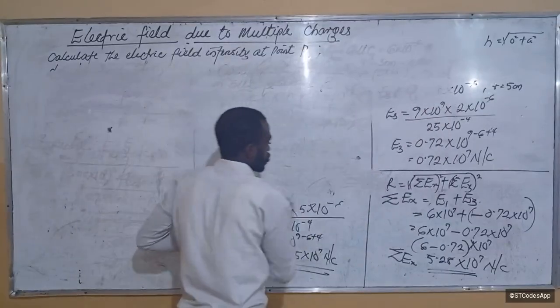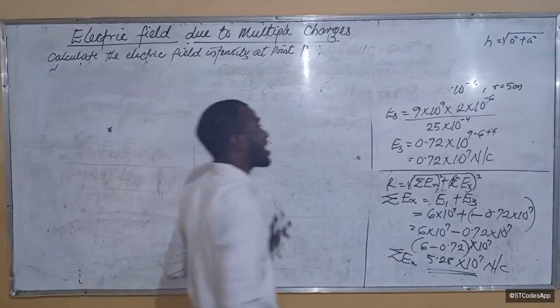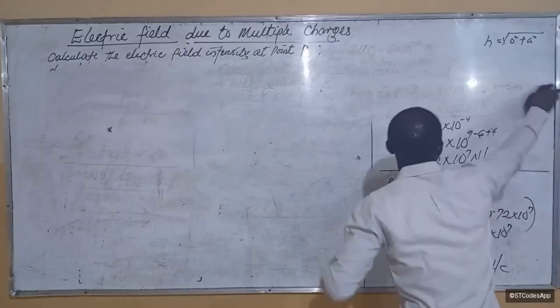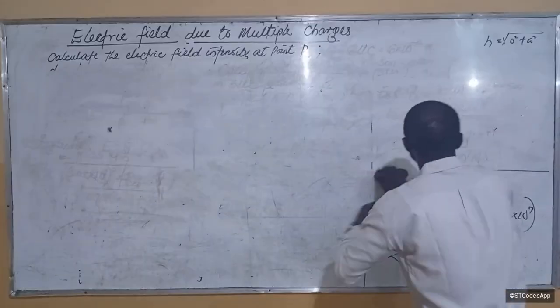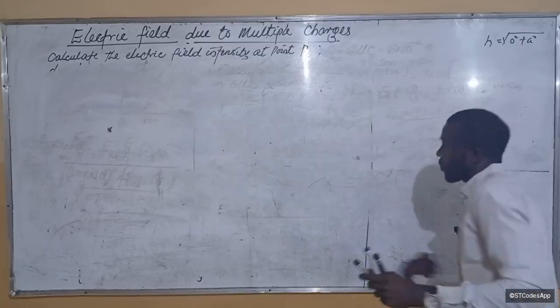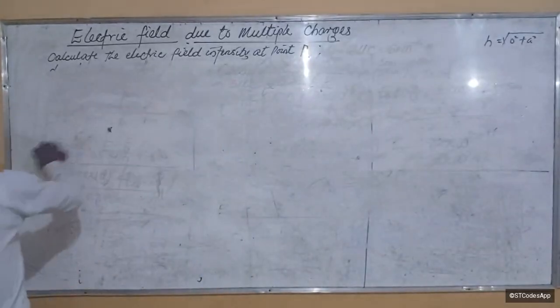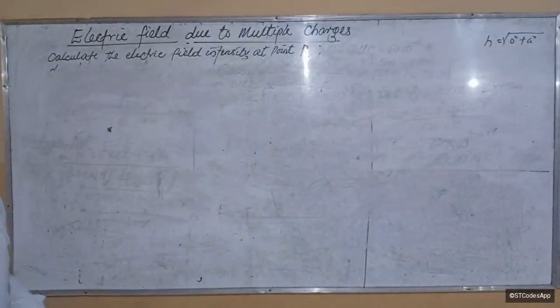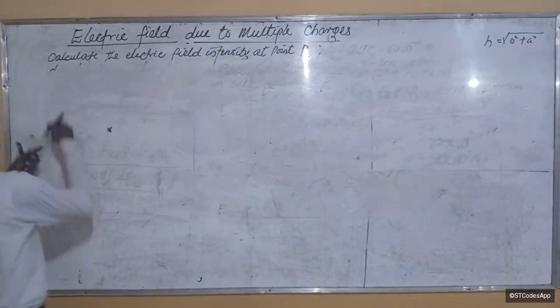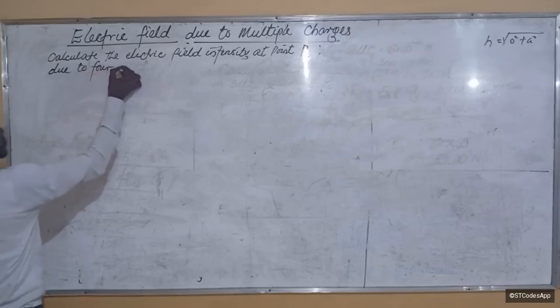So now write this new question that says calculate the electric field intensity at point P due to 4 charges now. Don't worry, this time I'll be faster, but make sure that you are following. I will explain the same way, but a little bit faster.